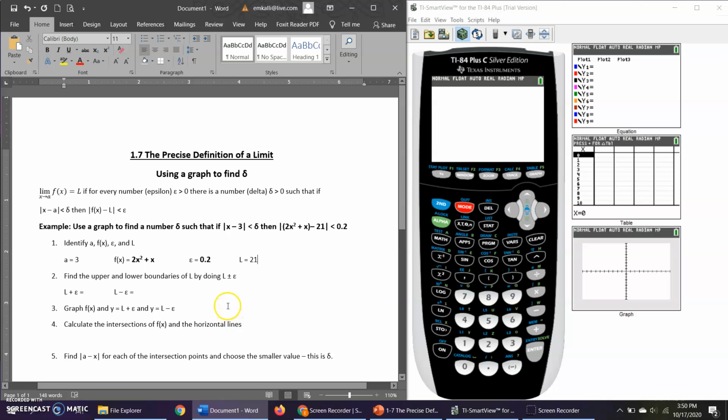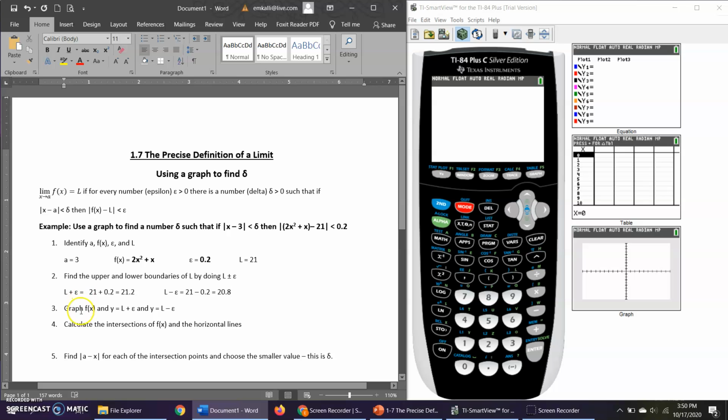Okay, so now I need to find the upper and lower boundaries of L by doing L plus or minus E. So L plus E is going to be 21 plus 0.2, which is 21.2. And L minus E is going to be 21 minus 0.2, which is going to be 20.8.